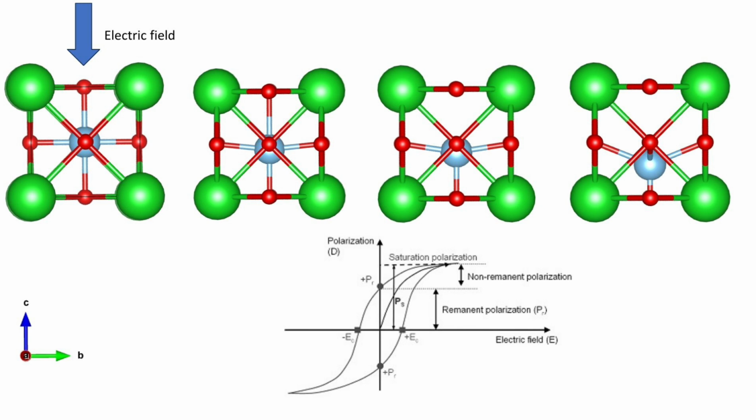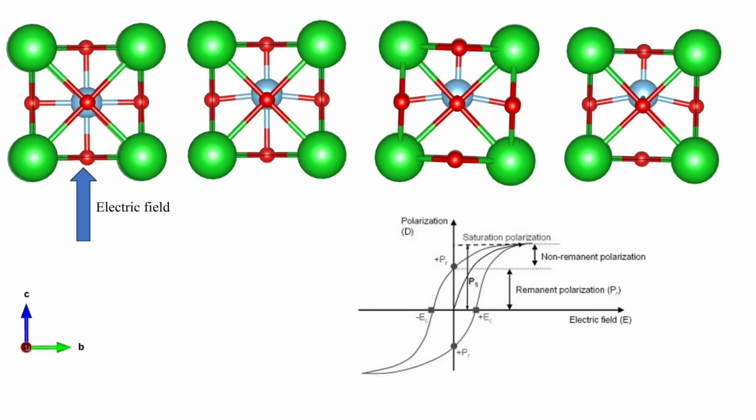These slides introduce the hysteresis loop for ferroelectric materials. The vertical axis is polarization and the horizontal axis is applied electric field. Here is the key takeaway: when you apply a strong electric field, the material reaches its saturation polarization.